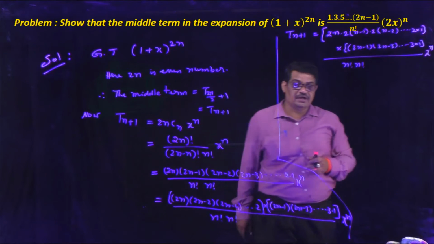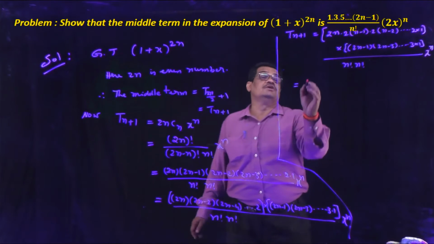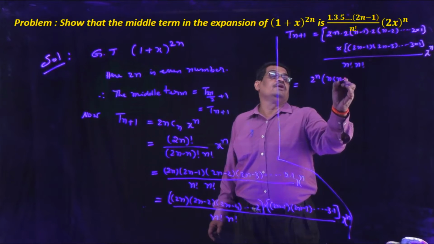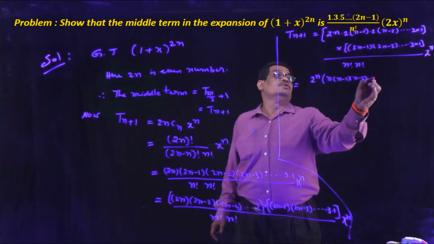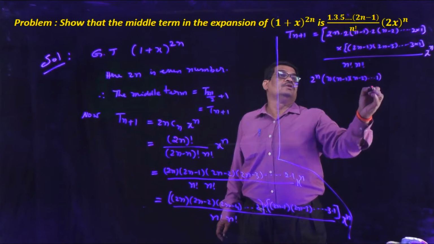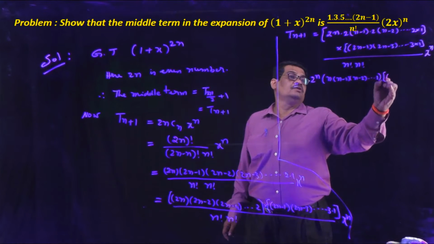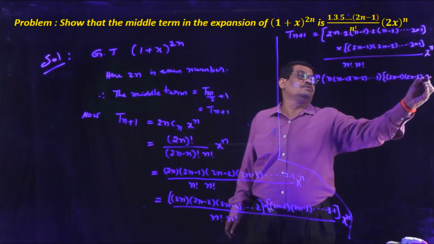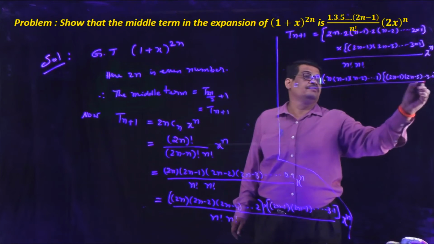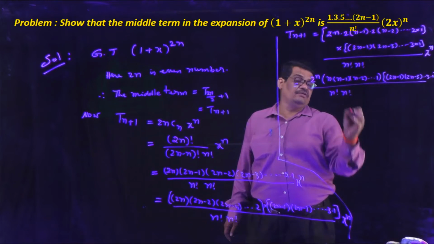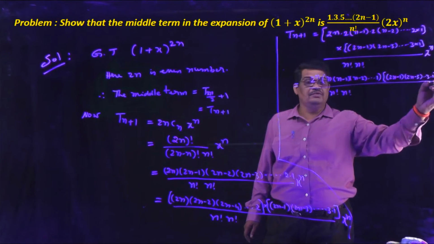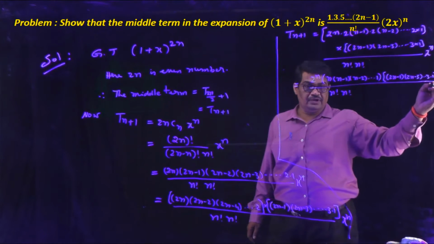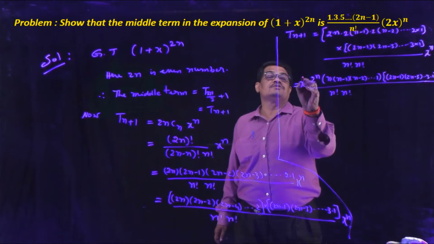How many 2's are here? n times, that is 2 to the power of n, into the remaining terms n into (n minus 1), (n minus 2) and so on up to 1, into the remaining terms 2n minus 1, 2n minus 3 and so on up to 3 into 1, by n factorial into n factorial, into x to the power of n.